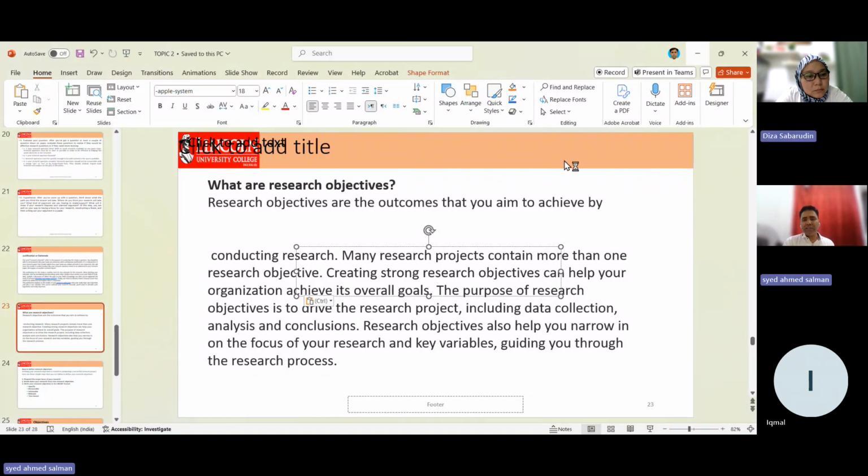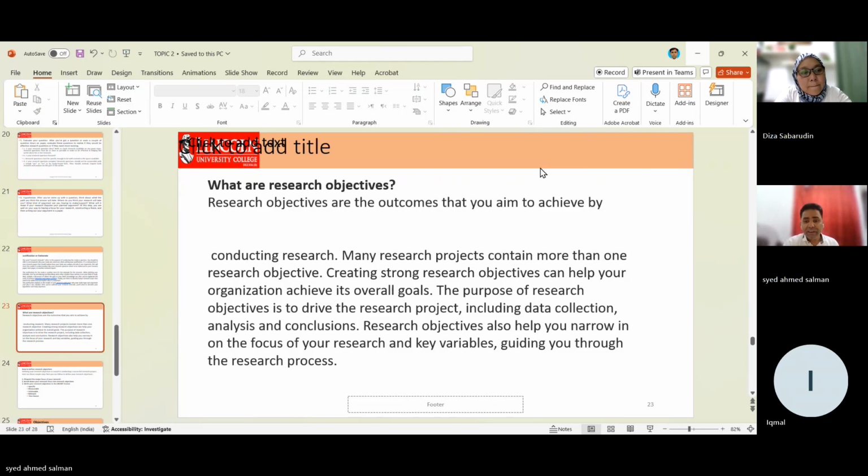Research objectives are the outcomes that you aim to achieve by conducting the research. Many research projects contain more than one research objective. In the bachelor thesis, you may have two or three objectives, not more than three objectives. You should never have more than three objectives.